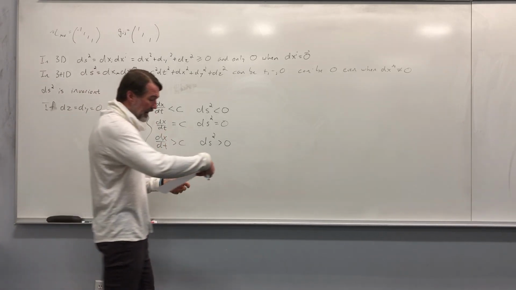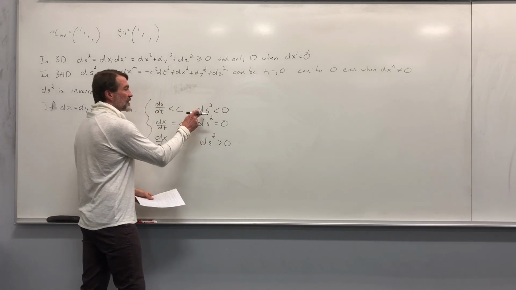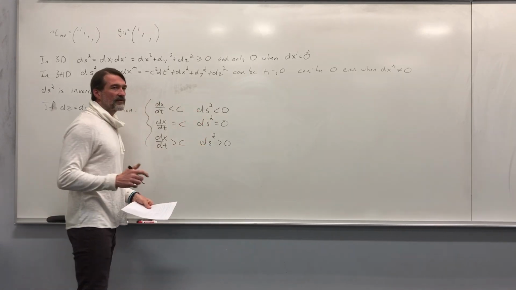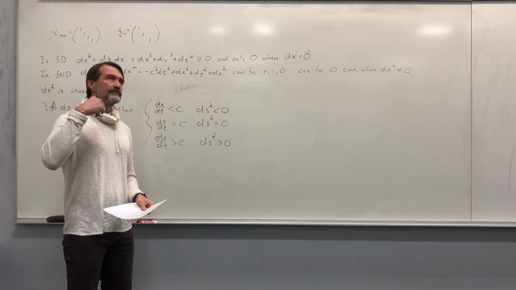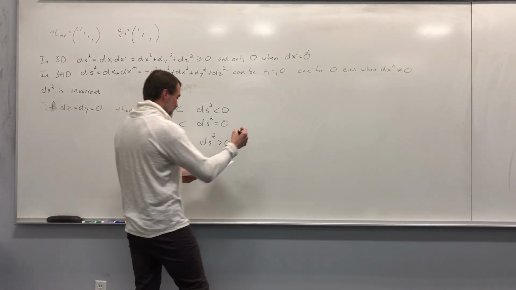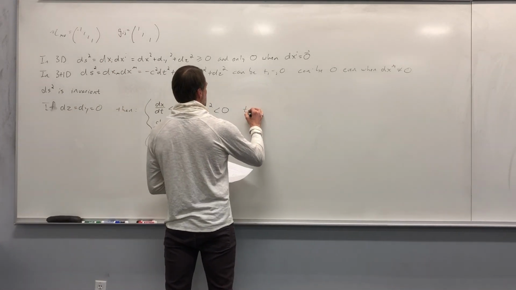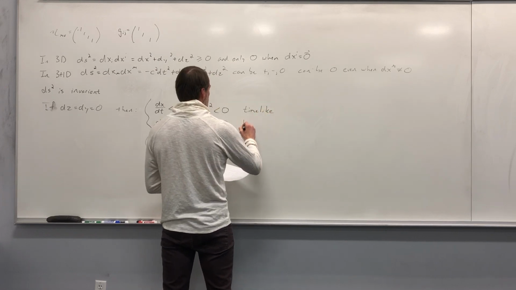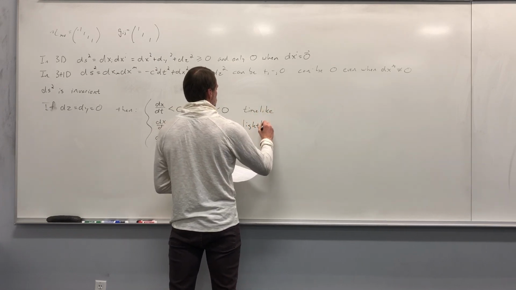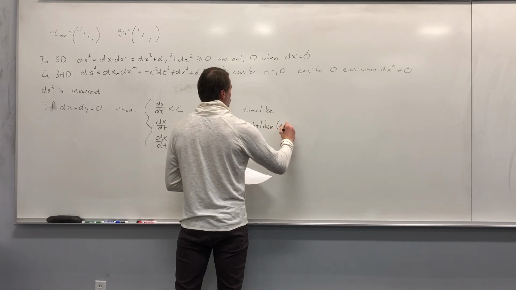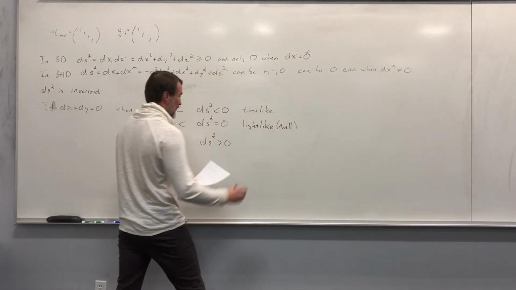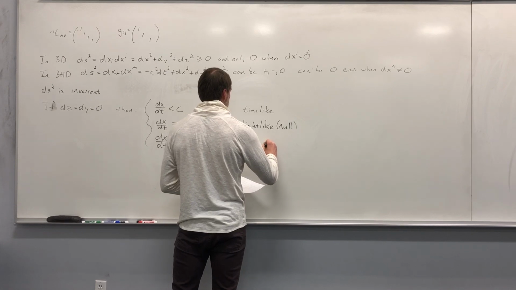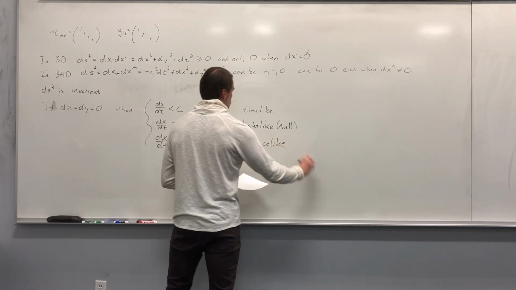So what I'm saying here is we're going to use this language to notate a sequence of events that are designated as being time-like, light-like, or what is often called null, and then space-like. Okay?